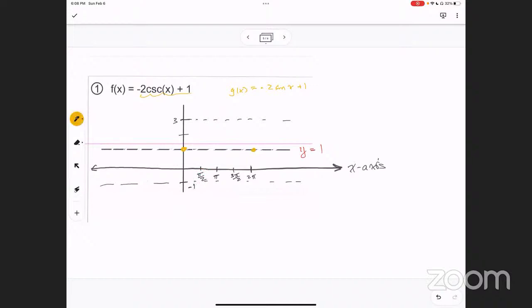It goes down. That's right. It goes down because of the negative. Because of that negative, it flips over. And how about at pi? It goes back to the middle. Perfect. And how about at 3 pi over 2? It goes to 3.